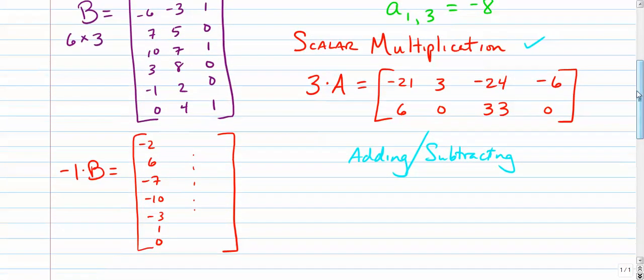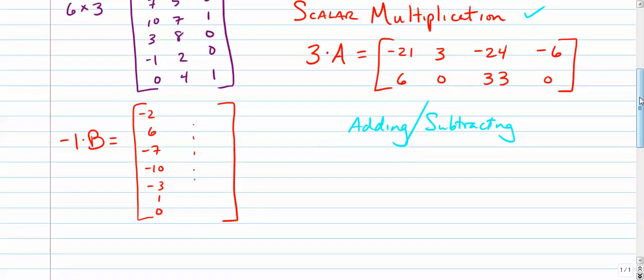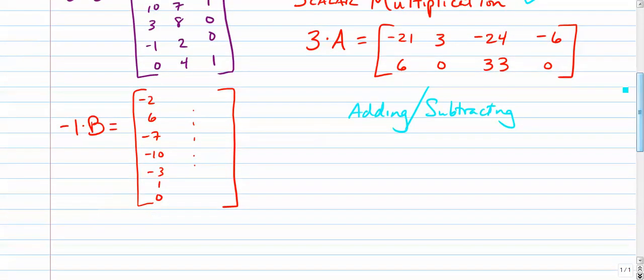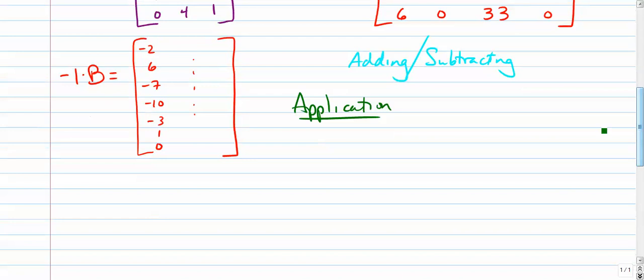And then we'll get into determinants and inverses and identities, and then we'll probably do some application stuff where we actually start taking systems of equations and learning a new method to solve those equations.